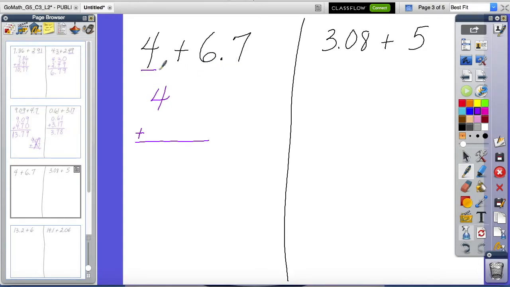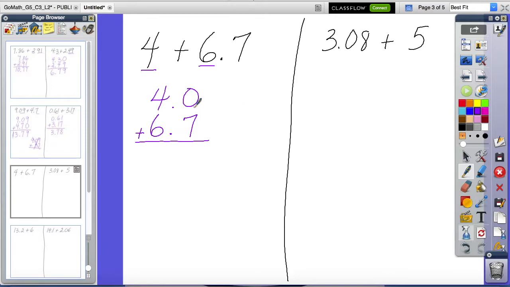Well, the 4 we know is in the ones place because it's 4 wholes. The 6 is in the ones place, right in front of the decimal. So the 6 would line up right under the 4 with the 7 tenths behind it. So that would tell us we would have to add a decimal and 0 behind the 4 to line up our place value columns.